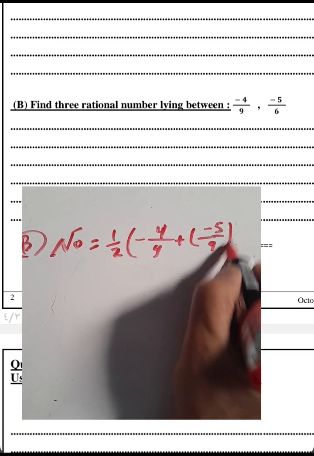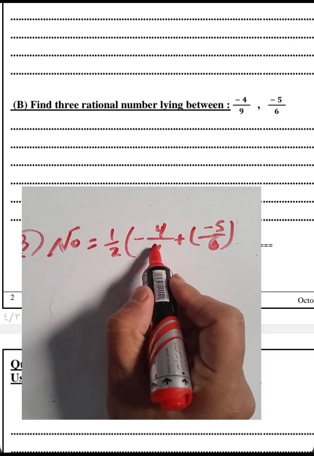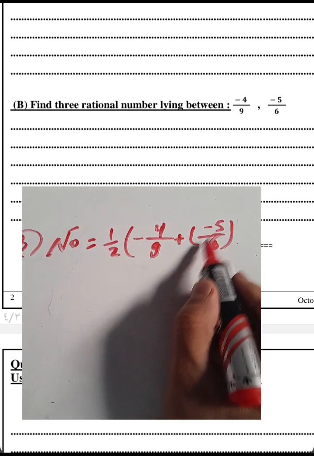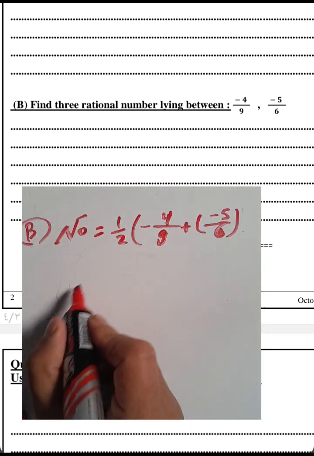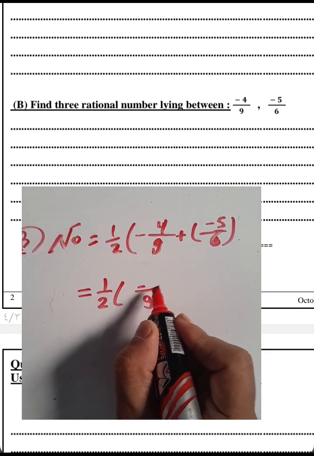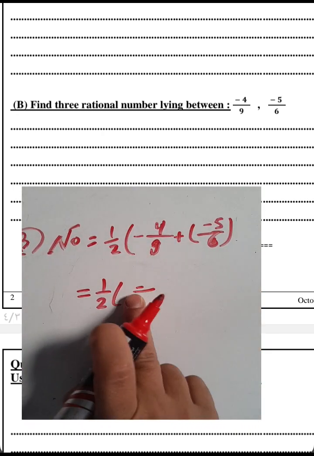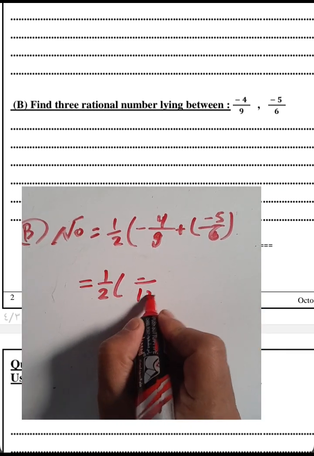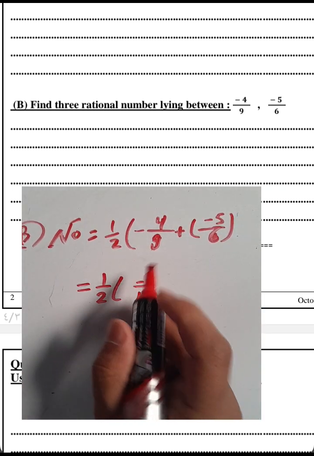First step, we must add the two numbers and then divide the result by 2. Negative 4 over 9 plus negative 5 over 6. Then we write a half, and then write 9 and 6. The least common multiple of 9 and 6 will be 18.